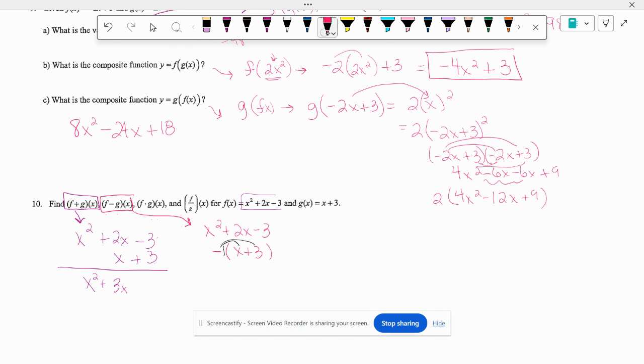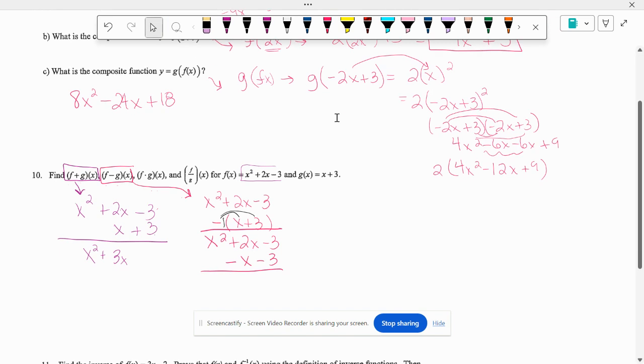So I'm going to rewrite this as x squared plus 2x minus 3 minus x minus 3. So a -3 and a -3 give me -6. 2x minus 1x is x, and I have x squared. So this is the subtraction function.